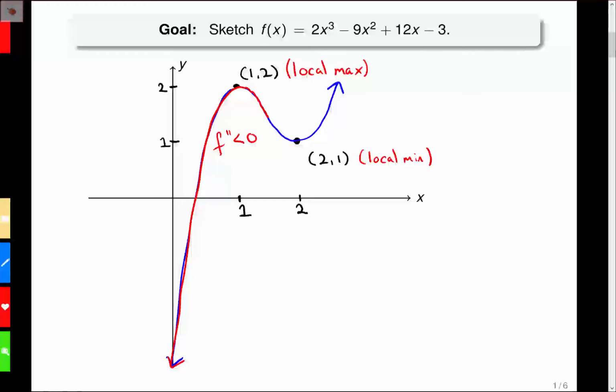And at this part of the graph, which is concaving upwards, the second derivative would output positive values here.